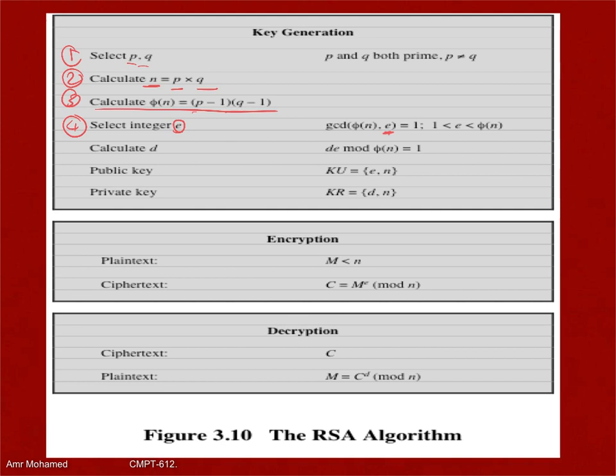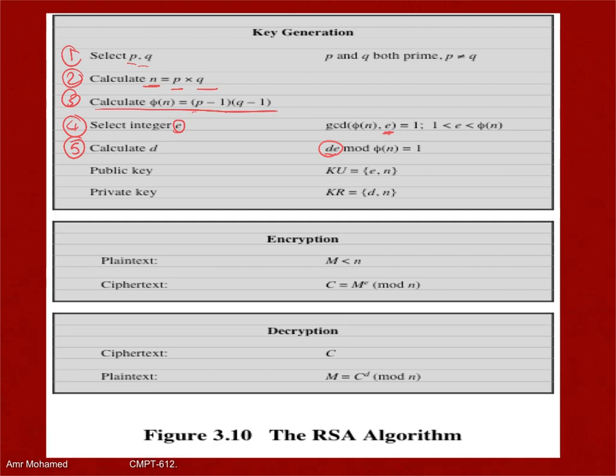What's not easy, and it requires a little bit of systematic calculation, but this can be done systematically, is to calculate the private key. So based on your selection of the public key, the private key is calculated such that D times E mod the totient of n is 1.